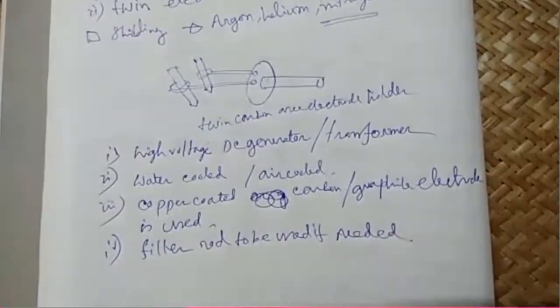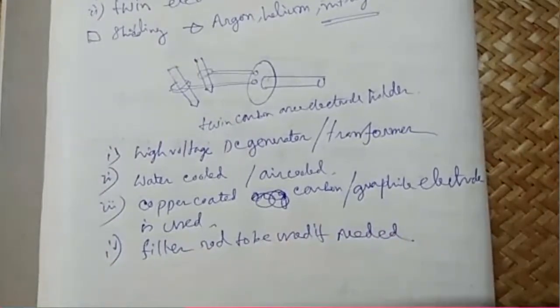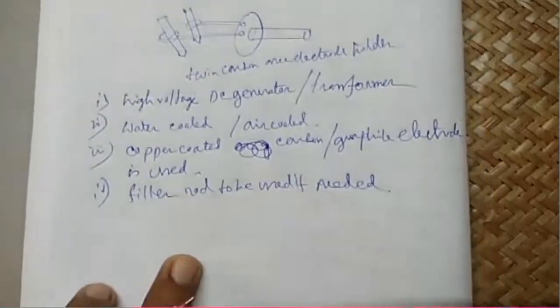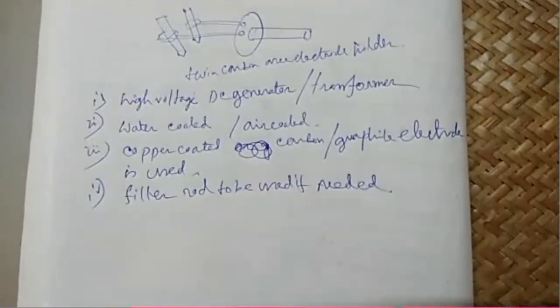If the thickness is lower, then we do not need to use a separate filler rod. If the thickness is more than 3 to 5 mm, then we go for a filler rod.